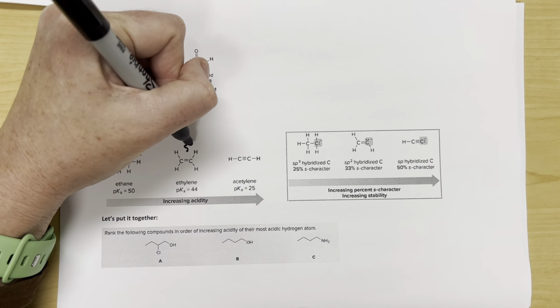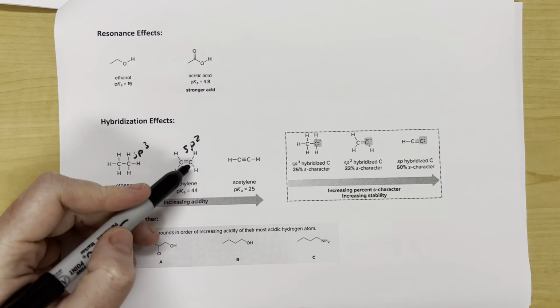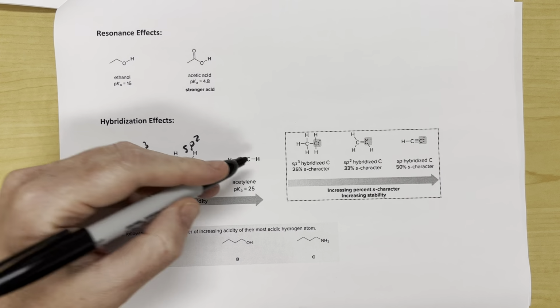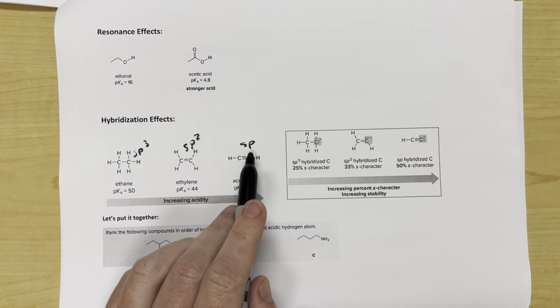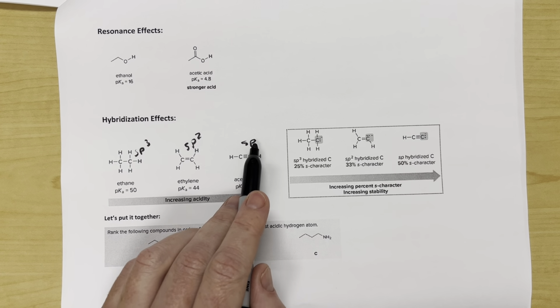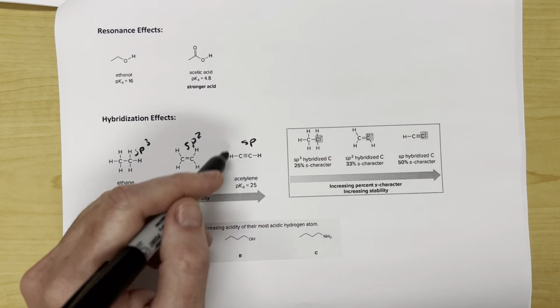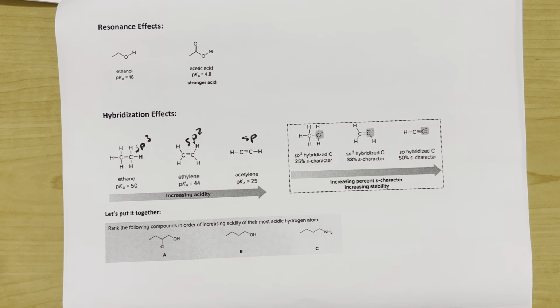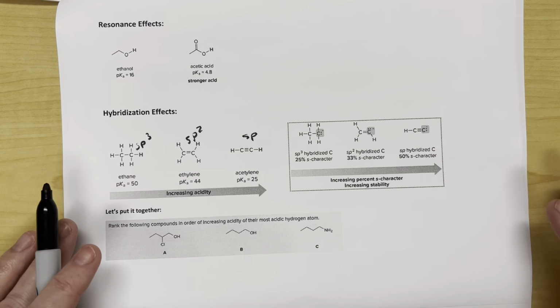Double bonded will be sp2. Looking at this carbon, it's got 3 things around it, and this one only has 2. This is sp. The more S character something has, this one has 50% S character, whereas this one only has 25%. This one will be a stronger acid, because it has electrons held closer to stabilize it.